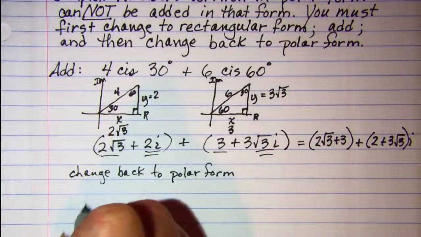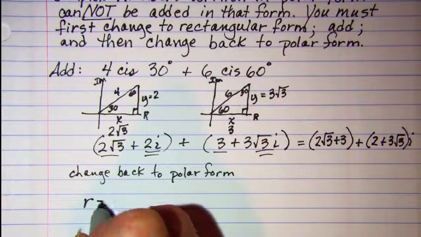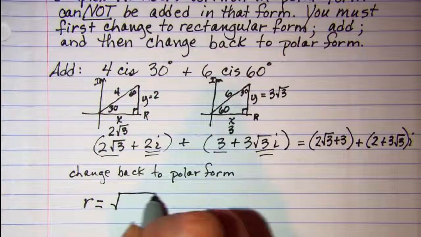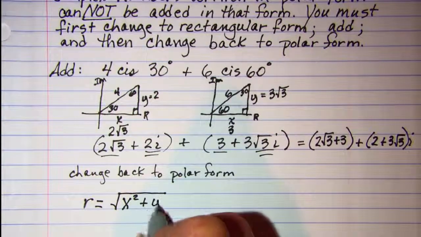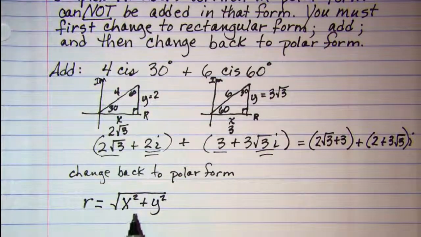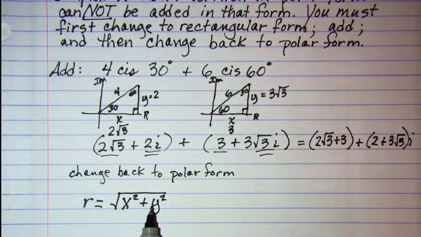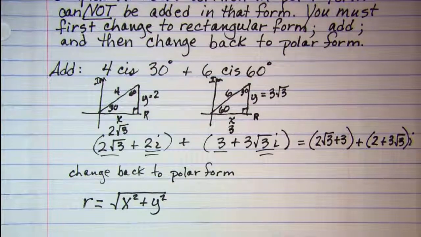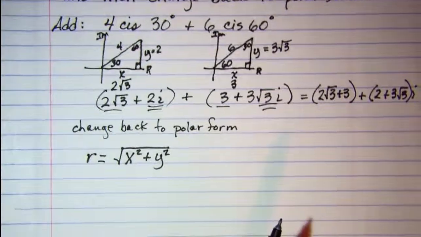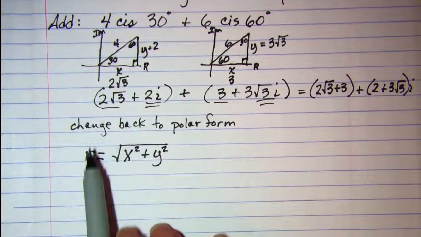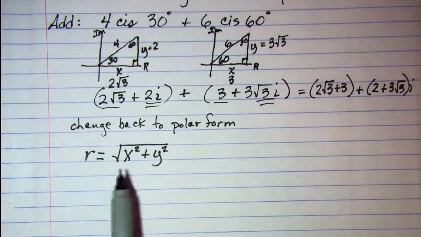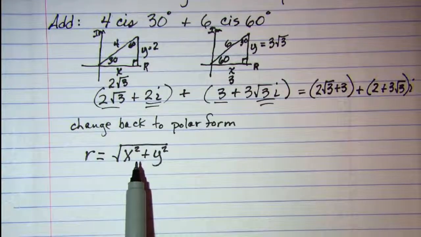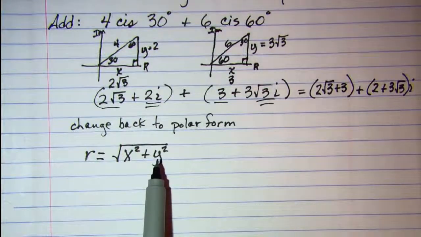So our r can be found with the formula square root of x squared plus y squared. Now this is just the Pythagorean theorem. I square rooted both sides though. So instead of r squared equal x squared plus y squared, I have r equals square root of x squared plus y squared. Right?